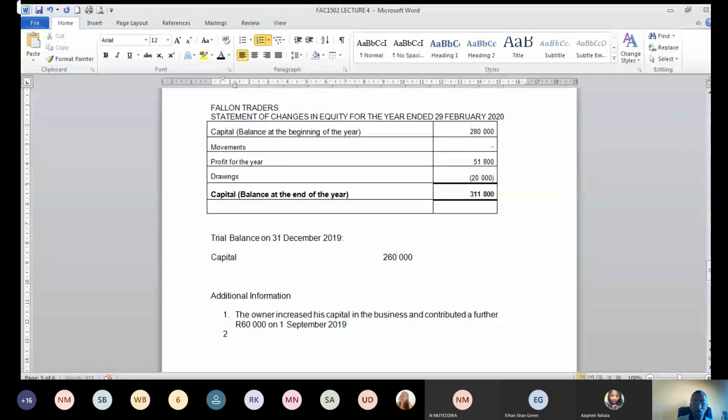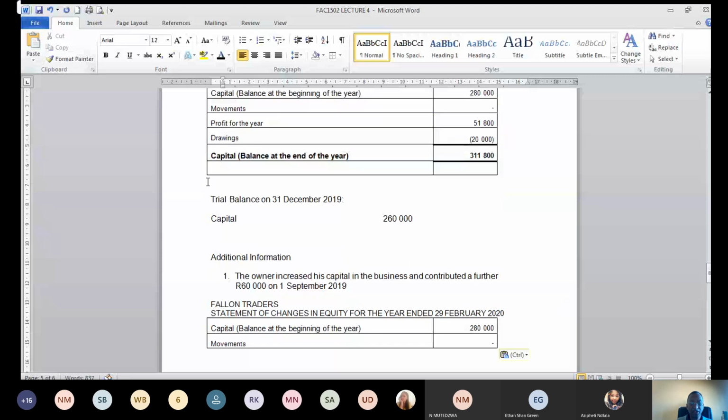If I ask you now to complete the statement of changes in equity, you must understand that this is for the year ended the 31st of December.